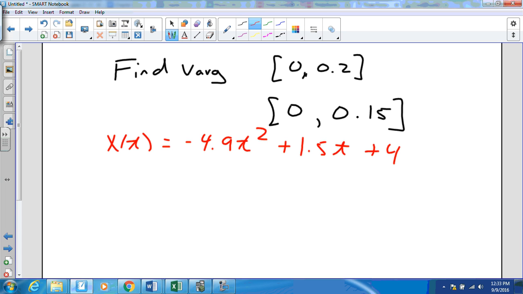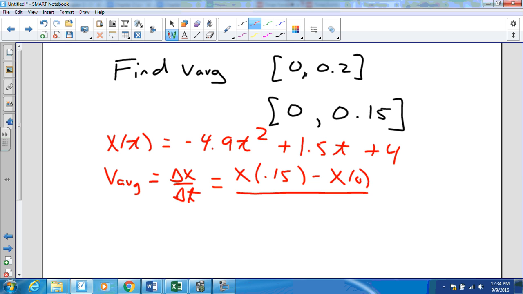Oh, I just reordered the terms. And so then, if I were to do v average, I would again do delta x over delta t. And that would be x of 0.15 minus x of 0 all over 0.15 minus 0. And then I would plug in 0.15 into the equation.